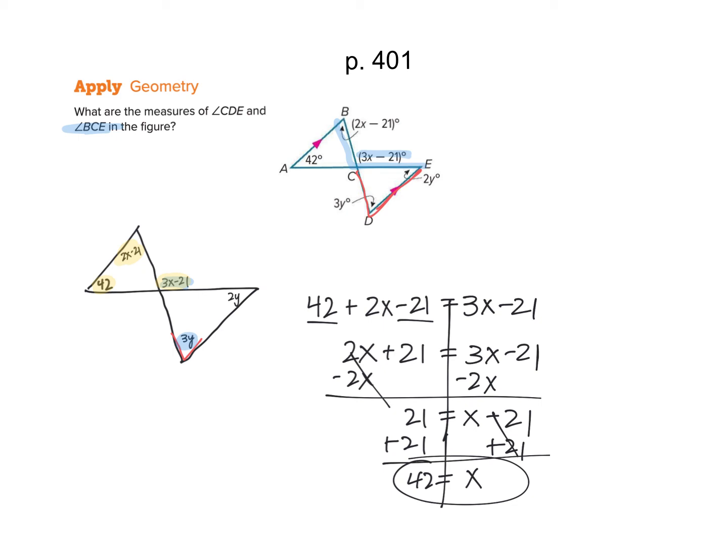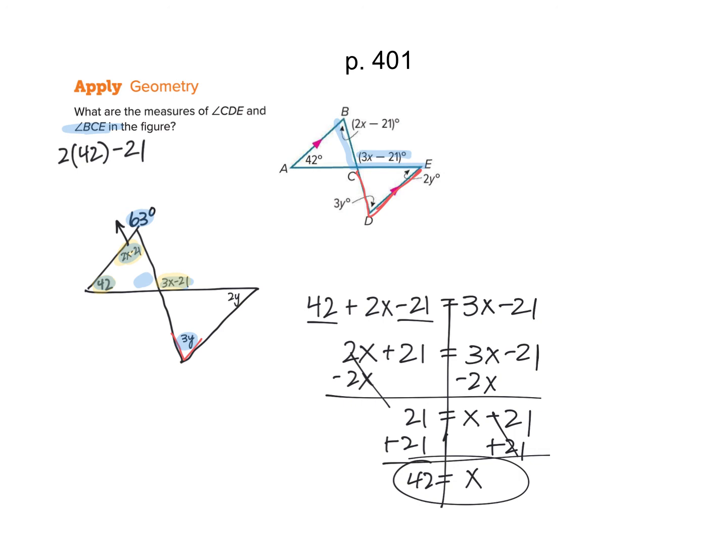So I am going to come back to this yellow angle and try to find that first. I'm going to do 2 times 42, because that's what I got, minus 21. Typing it on my calculator, I get 63. So this angle here measures 63 degrees. Now, cool thing is, if I have this angle here and this angle here, 63, I can find this other angle in a triangle.